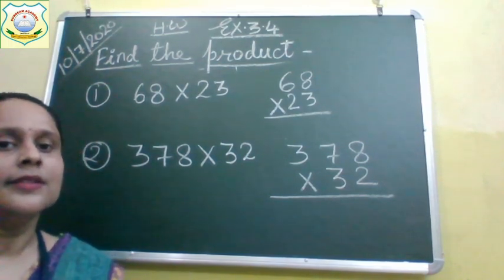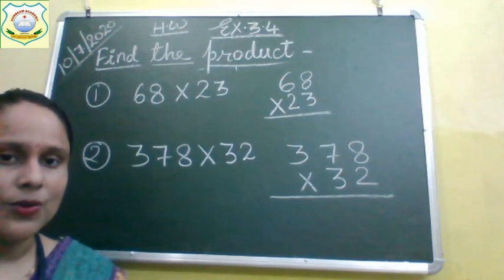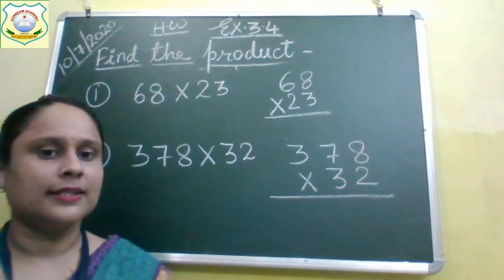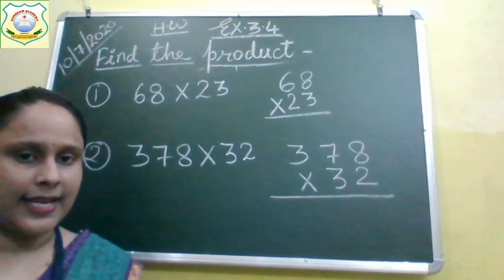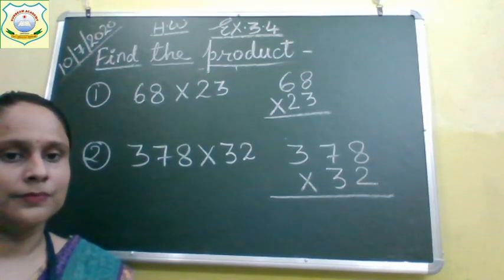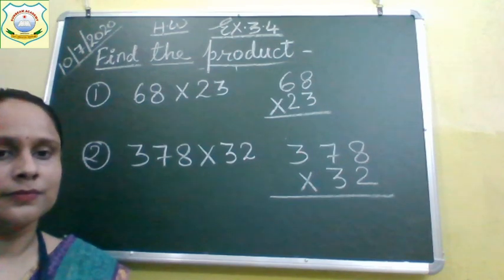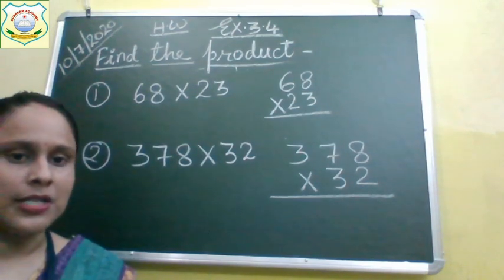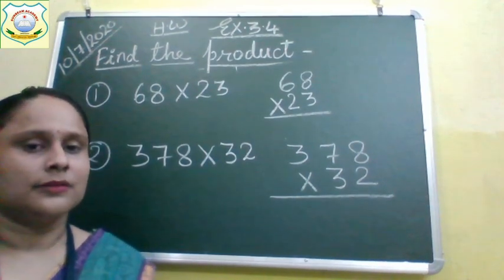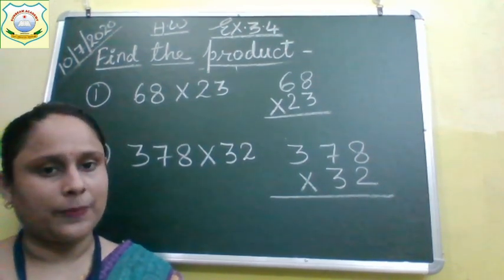First question, 68 into 23. Second question is 378 into 32. Homework questions you will do in the next page. Okay? You will not do it in the classwork page.